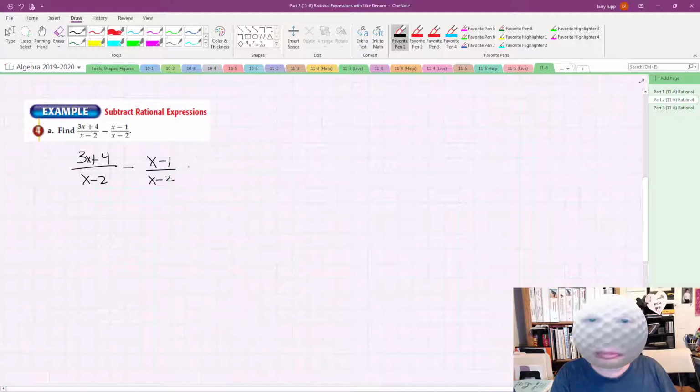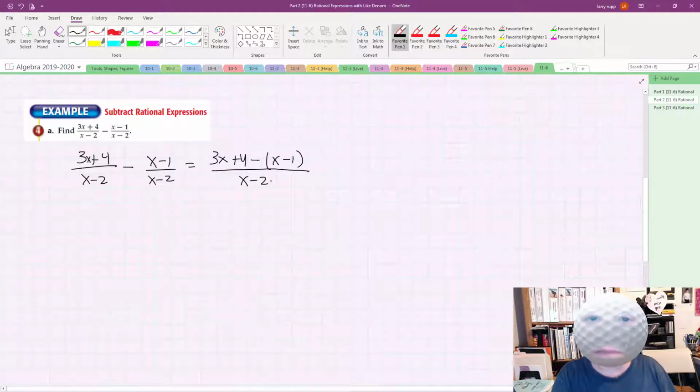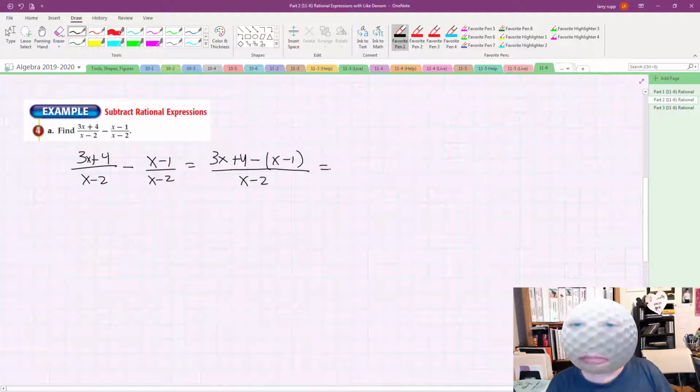All right. So what this becomes then is this. Remember, the x minus 2 and the x minus 2 are common. So we write the numerator then, 3x plus 4 minus x minus 1 all over x minus 2. We need to add the inverse of x minus 1 here.